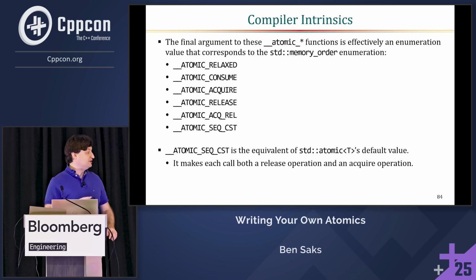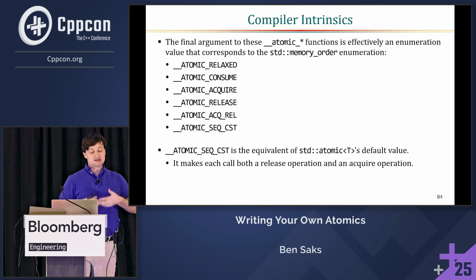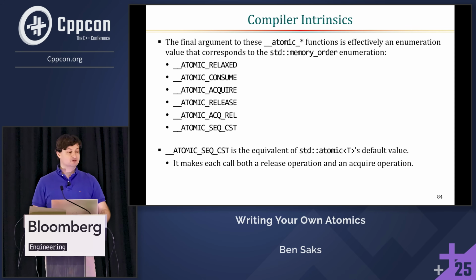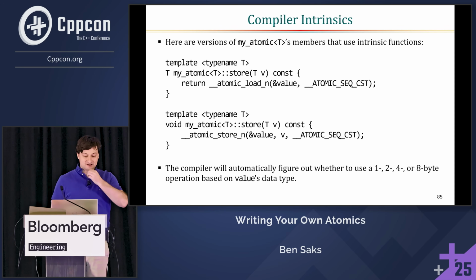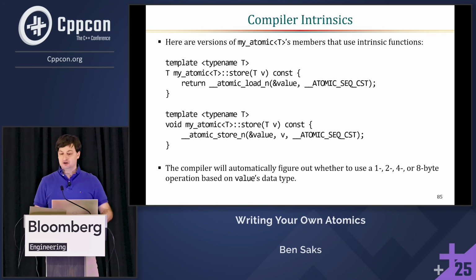In this case, I'm using __ATOMIC_SEQ_CST, which is the equivalent of the default that std::atomic uses. It makes each operation both a release operation and an acquire operation. Actually, technically, it does a little bit more than that. It ensures that there's a total ordering across all atomic operations in the system.